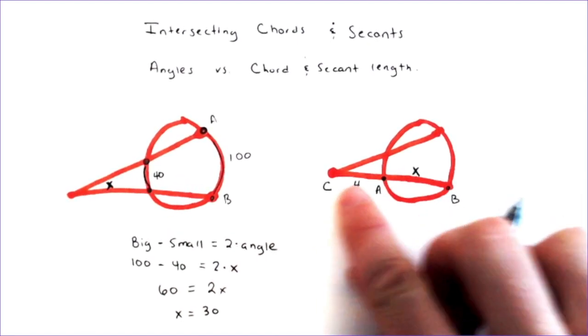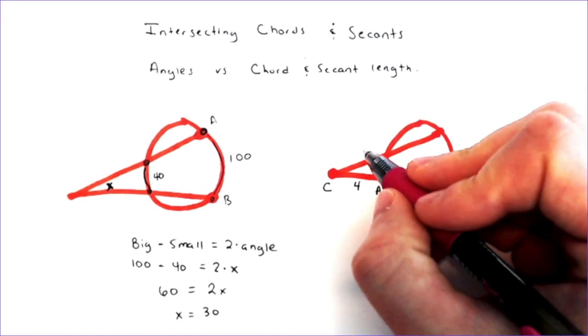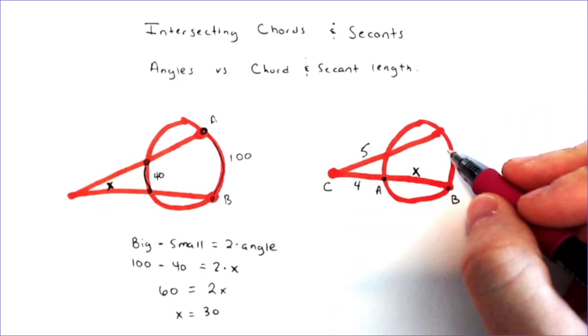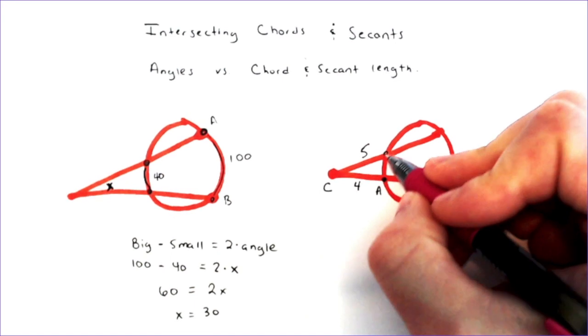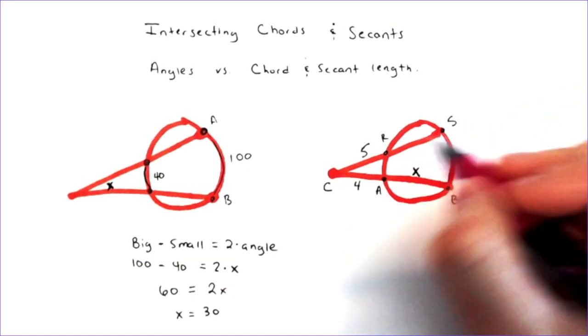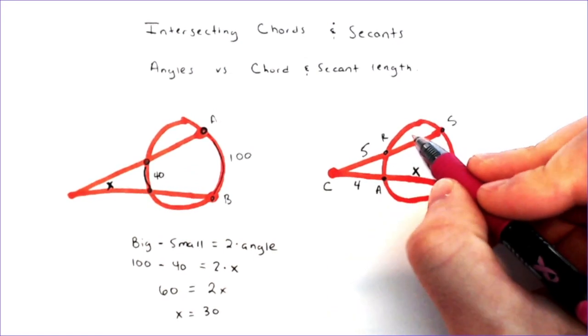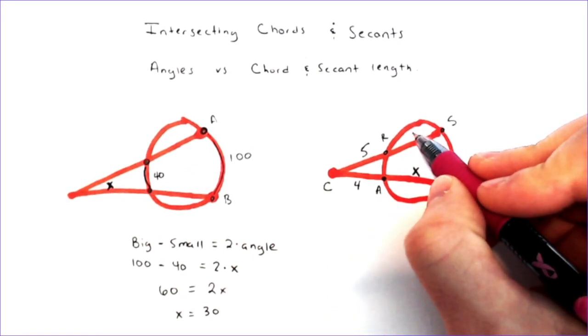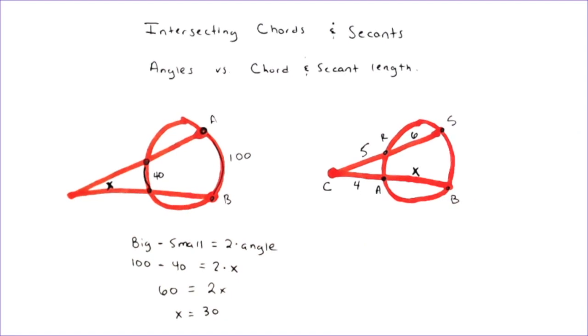And that would be the length of that line. We'll call this part 5. And we'll call that an R and an S. And we'll call this part from here to here, I'm going to go with 6.